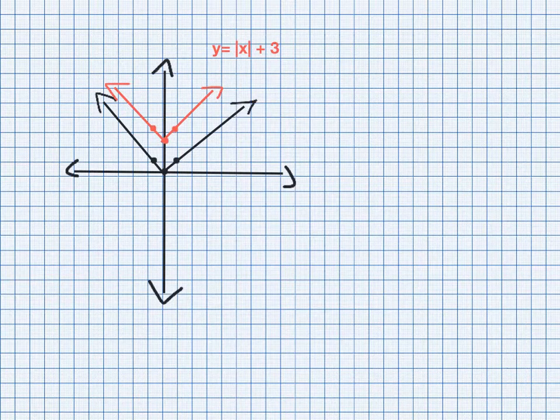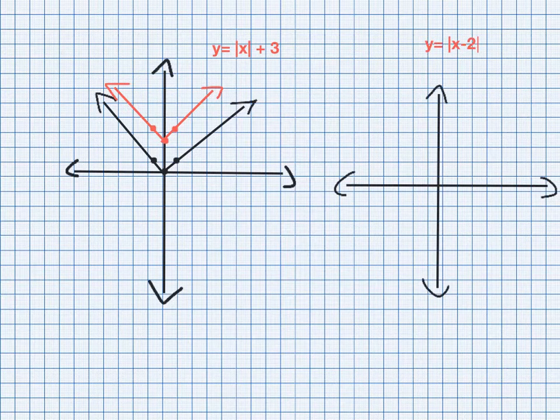In black, I graphed the parent function, which is y equals the absolute value of x. And in red, I graphed the new function that shows the vertical shift. It's y equals the absolute value of x plus 3, and it is shifted 3 units up.